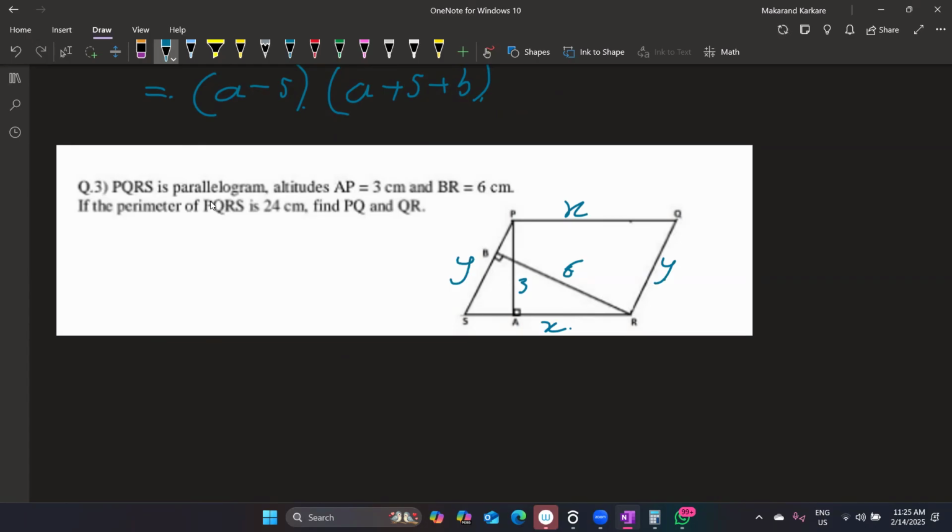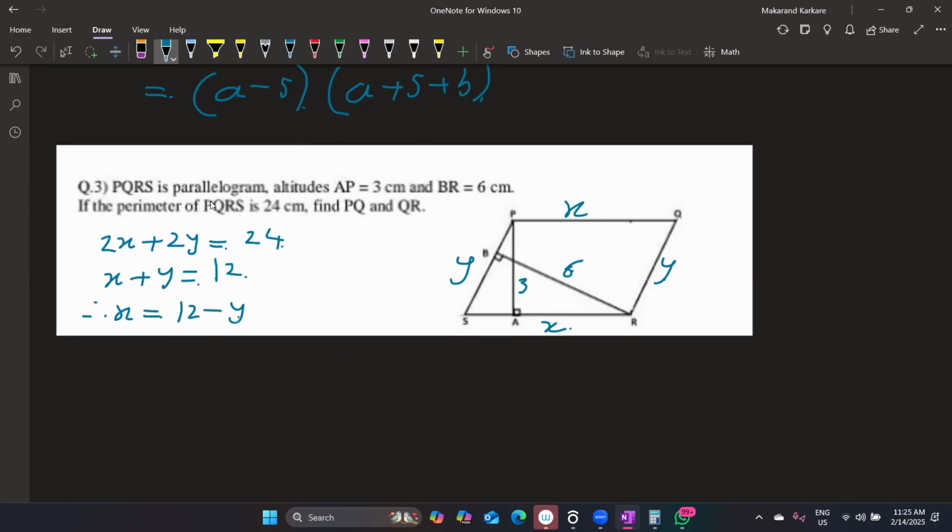Yes, sir. So 2X plus 2Y is equal to 24. So X plus Y must be equal to 12. So far, so good. And therefore, X must be equal to 12 minus Y.